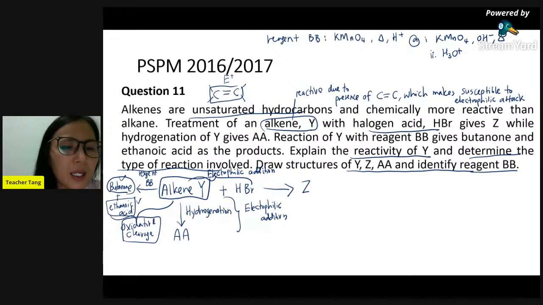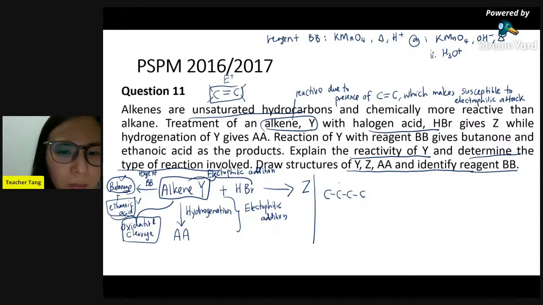So with that kita boleh lukis dulu our butanone. So butanone 4 carbon, ketone. So carbonyl group mesti dekat tengah. It cannot be at the end. Kalau at the end menjadi aldehyde. So this carbon satu covalent bond, so CH3, CH2, yang ni 4, so here CH3. So this is our butanone.